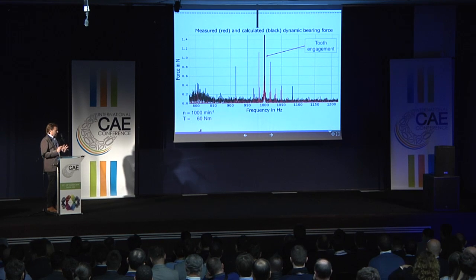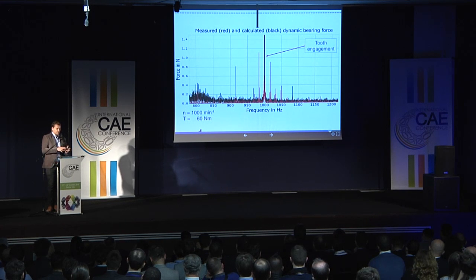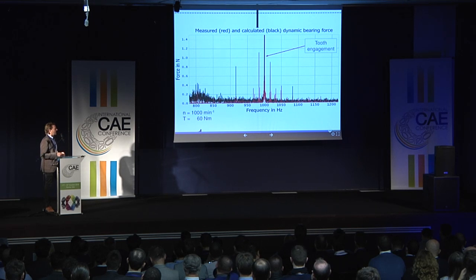So if you put the measured and the calculated dynamic bearing forces into one plot, you see most of the time big differences. But remember, in the model we have, there is no gearbox housing implemented. It is a simplified model with easy contacts.